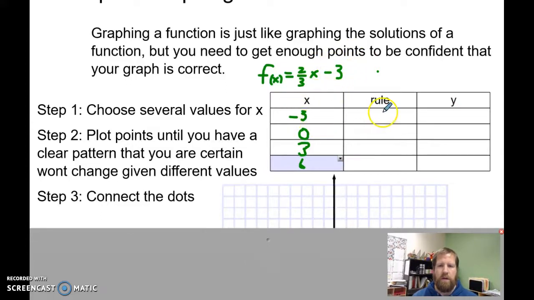So your rule is going to be this part of your function. So I have -3 times 2/3. -3 times 2/3 is going to be -2.